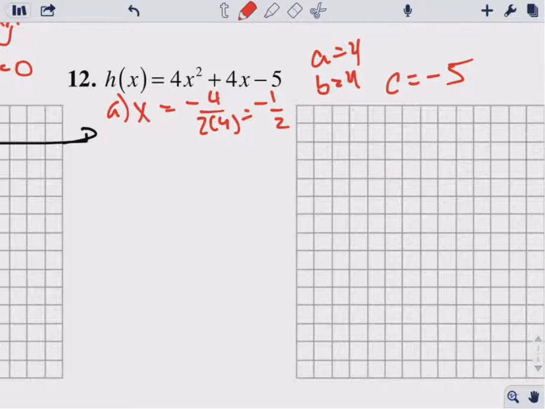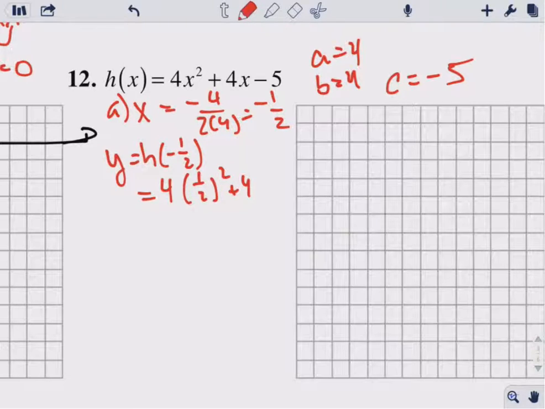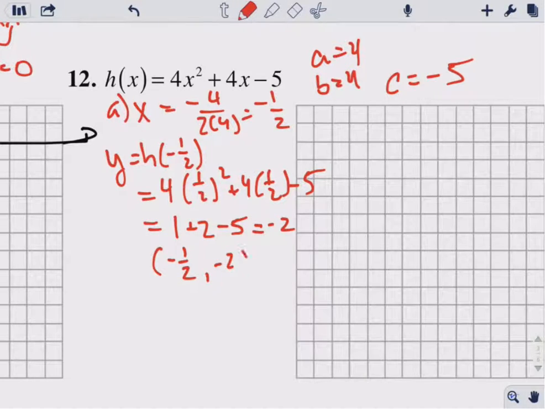Then our y is h of negative 1/2, which is 4 times 1/2 squared plus 4 times negative 1/2 minus 5. 1/2 squared is 1/4, and 4 times 1/4 is 1. Plus negative 2 minus 5, which is equal to negative 6... so our vertex is negative 1/2, negative 2.